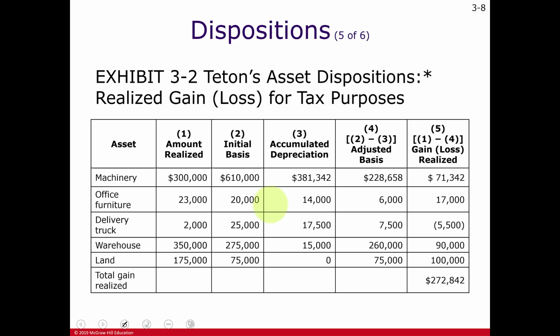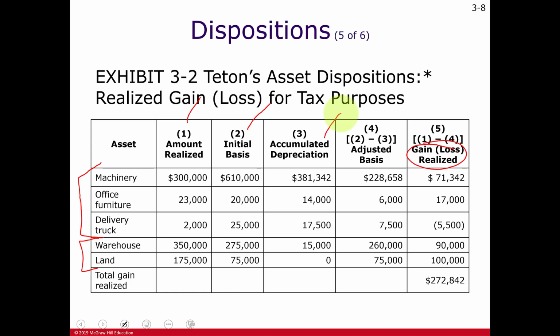Here are some examples of calculating the amount of gain or loss realized. We have different types of assets like we had seen back in the previous chapter. Here are the personal property, and here is real property. We have the amount realized, which is already subtracting out the selling expenses. We have the initial cost basis and all the depreciation that was allowed or allowable through the time we dispose of these assets.